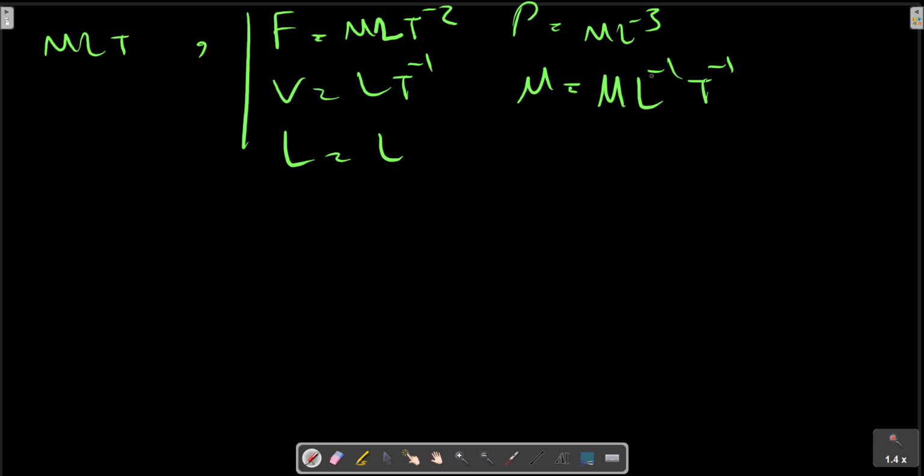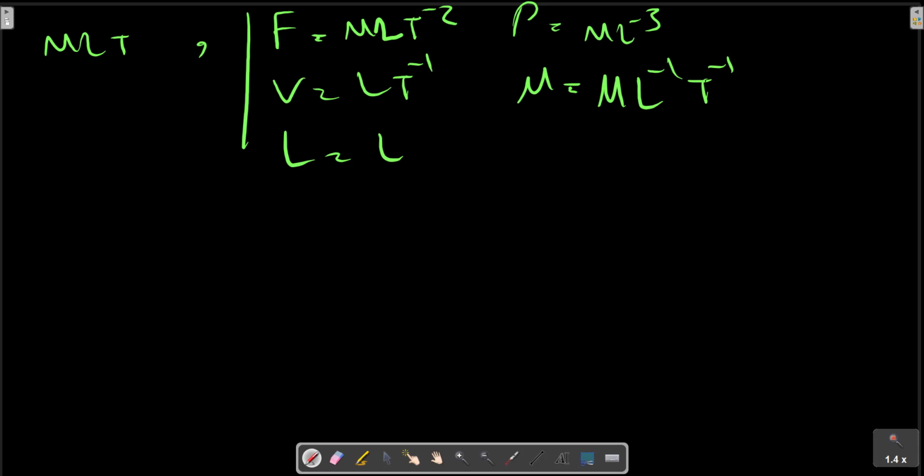Eliminate them successively by division or multiplication by a variable. Start with mass. Pick a variable that contains mass and divide it into all the other variables with mass dimension.